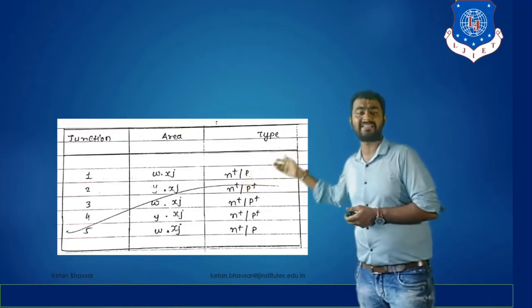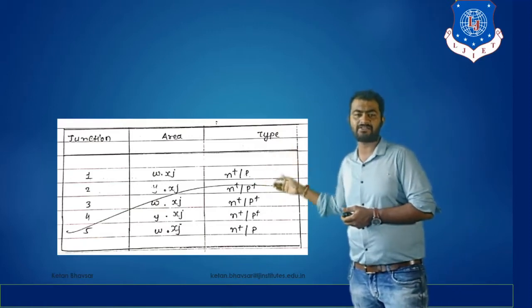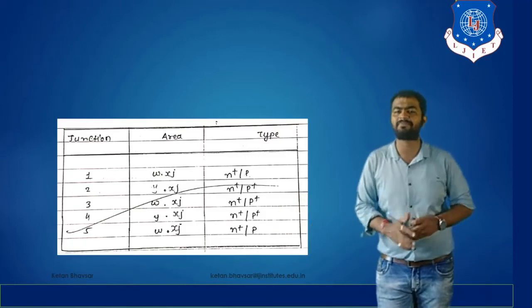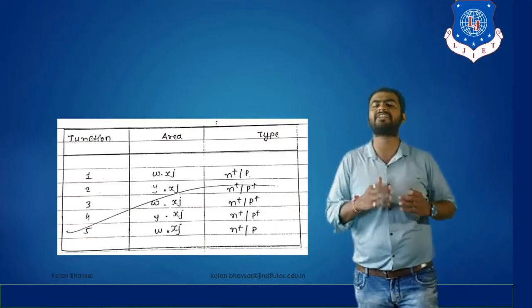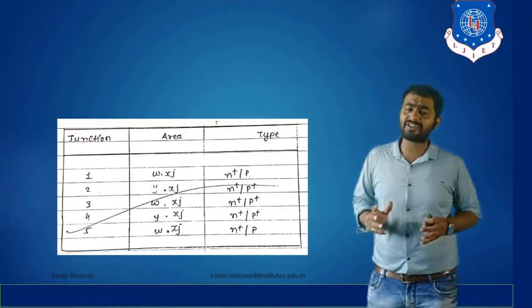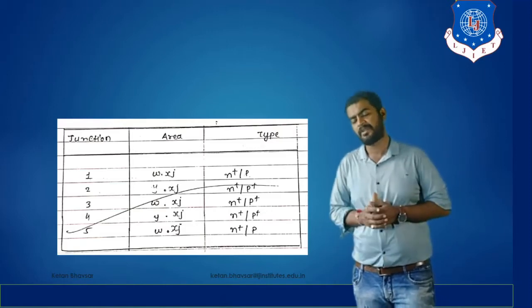For W times xj you can see similarly N plus and P plus, and W times xj for the N plus and P. So ultimately we discuss the junction depth, width, and the channel length. And based on these 3 parameters, we have to see the different types of movement and variations in the MOSFET. And based on that, we work on different situations and scenarios.